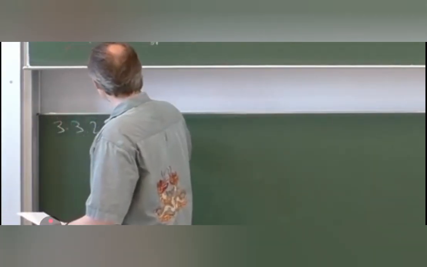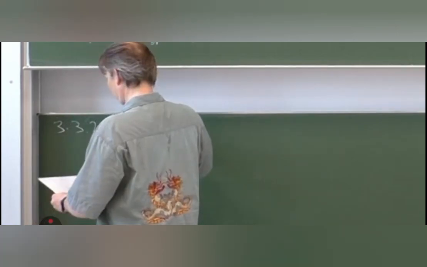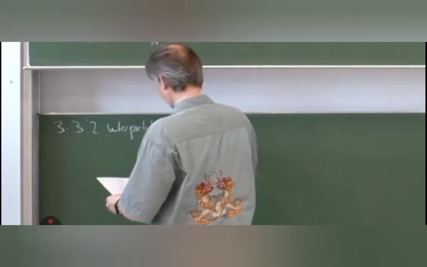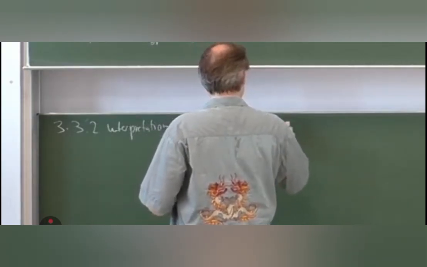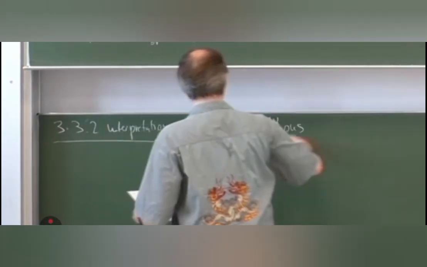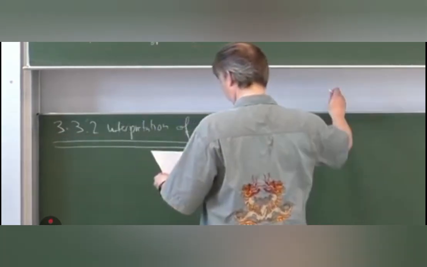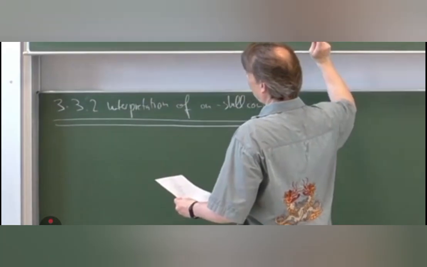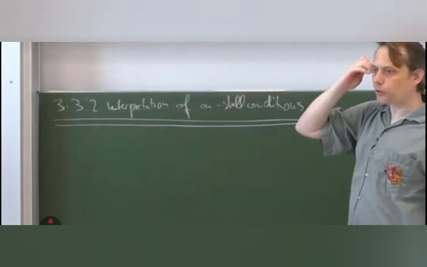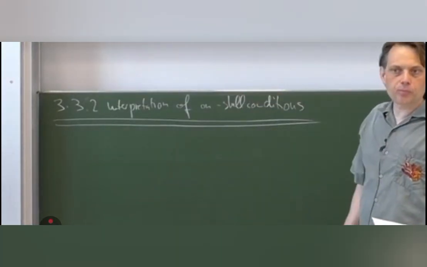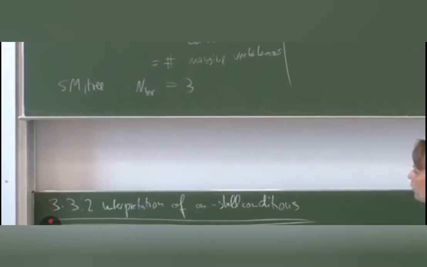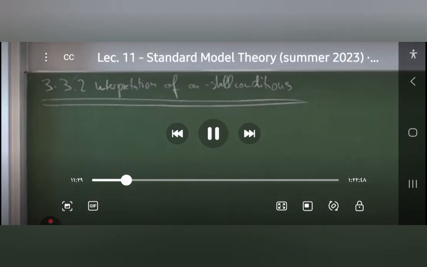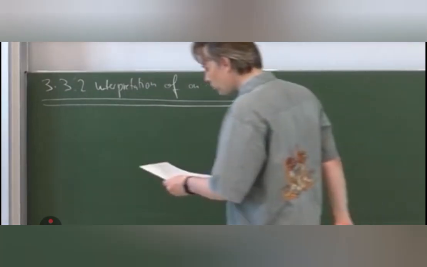So that means we go to the interpretation of the on-shell conditions. For most of them, the interpretation is of course obvious because it's the same as in QED, but let us immediately focus on the special on-shell conditions for the mixing vector bosons W and photon and Z boson.